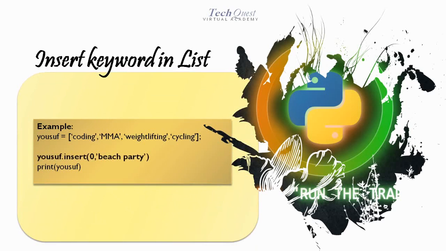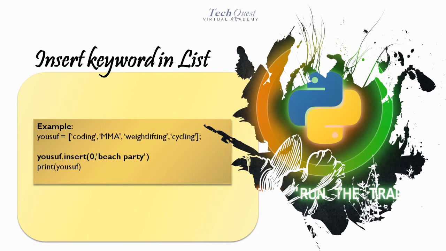For inserting another string before the 0th index, I use the insert keyword with the variable I stored the list in. So I write Yusuf.insert, variable name dot insert, and I mention here the index value.